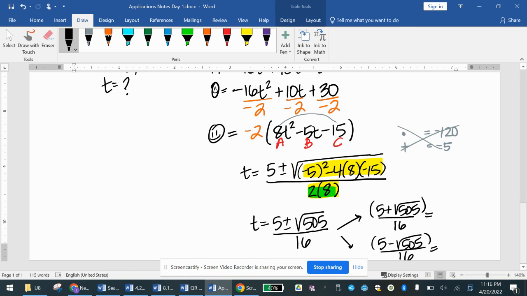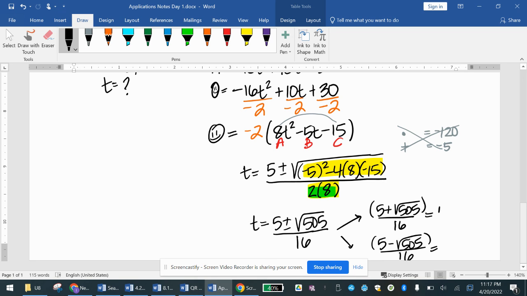So everybody should be putting this in their calculator, right? 5 plus square root of 505 all divided by 16. And then 5 minus square root of 505 divided by 16.